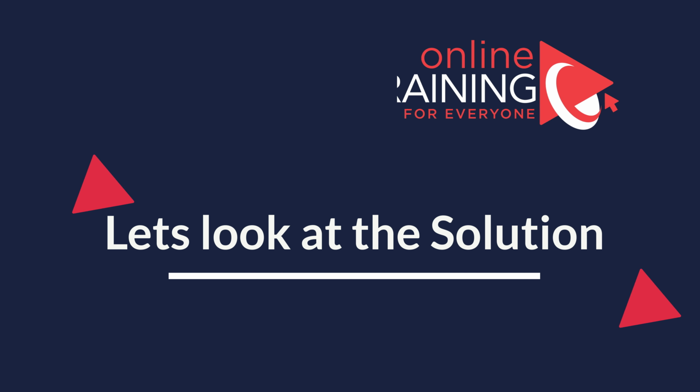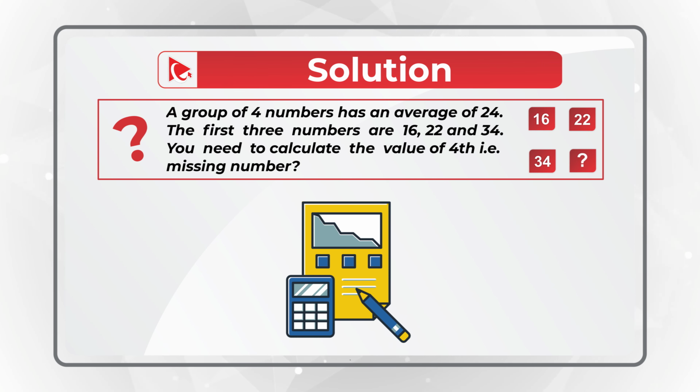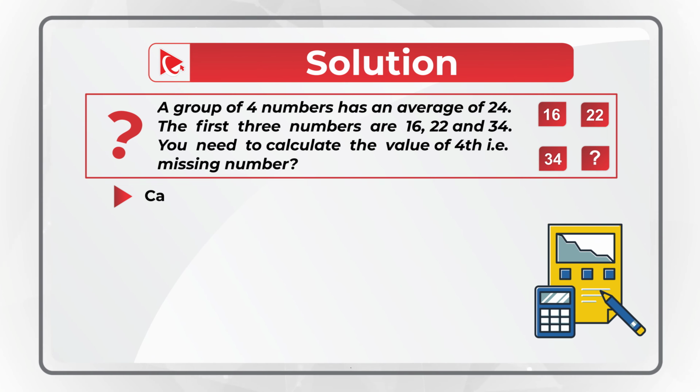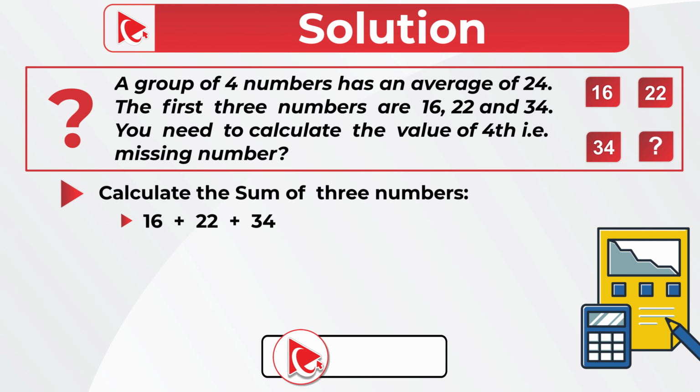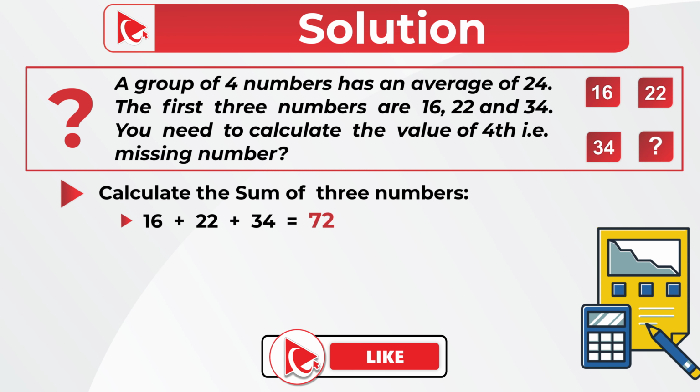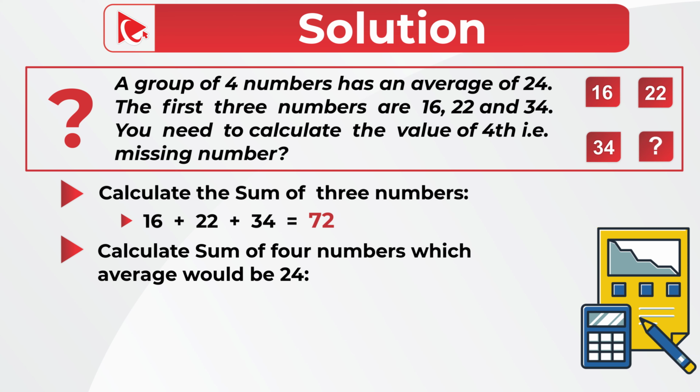Obviously, to solve it, you can plug in one of the 4 solutions instead of the missing number, and calculate the average to see which one is correct. But we're going to take a different route. In the first step, we're going to calculate the sum of the 3 existing numbers. 16 plus 22 plus 34 equals 72. In the next step, we need to determine what would be the sum of 4 numbers for which the average would be 24. To do this, we need to multiply 24 by 4, and the end result of this would be 96.